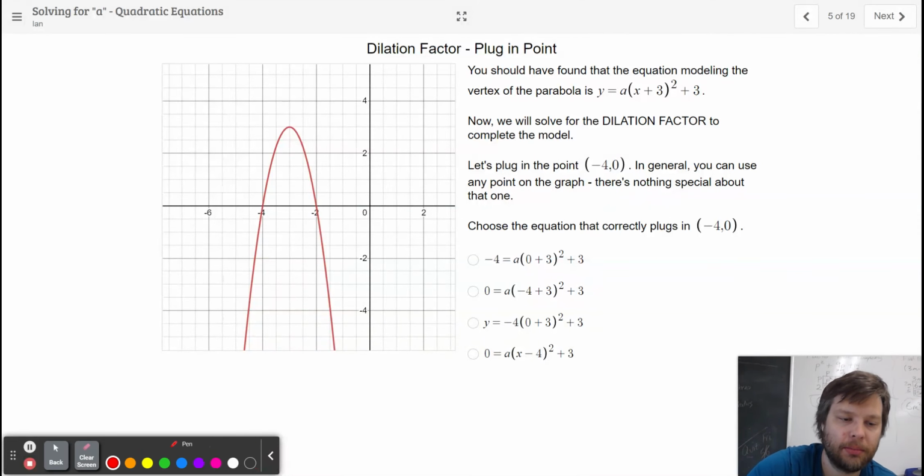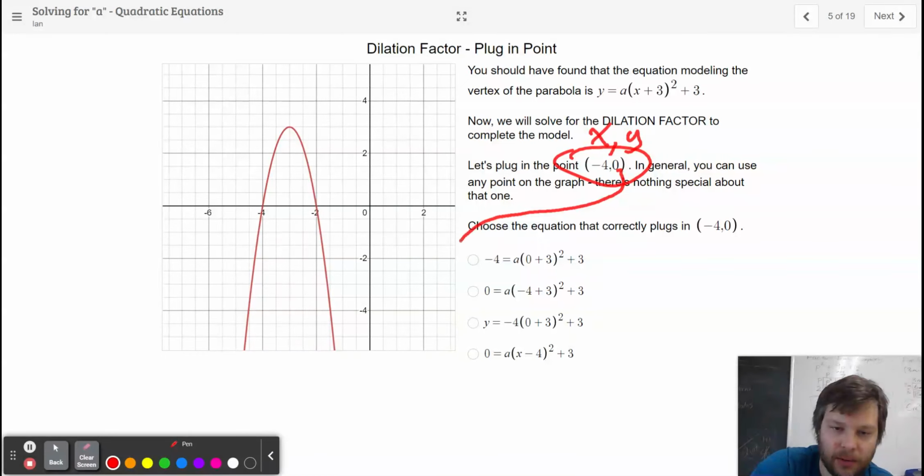Now we're going to use the point negative 4 comma 0, although I could have used the point negative 2 comma 0 or any other point that I can identify exactly from the graph. The important thing is to remember that x is negative 4 and y is 0. So I'm going to take 0 and replace the letter y with 0, and I'm going to take negative 4 and replace the letter x with negative 4.